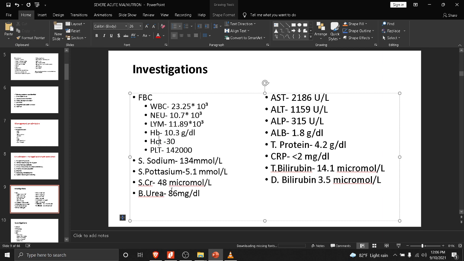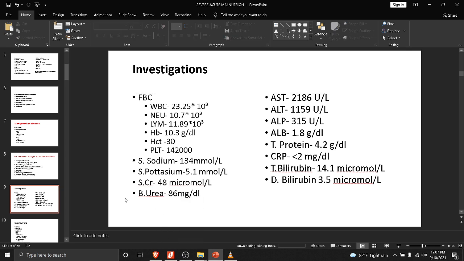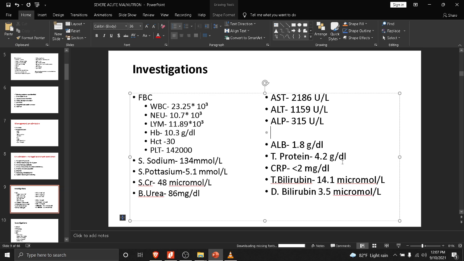Serum sodium was 134, serum potassium 5.1 and serum creatinine 48, all normal, and urea was slightly elevated at 86. AST was 2186 and ALT 1115, both elevated, and alkaline phosphatase was also increased. Albumin was low at 1.8, total protein was low, but CRP was less than 2, and total and direct bilirubin were normal.